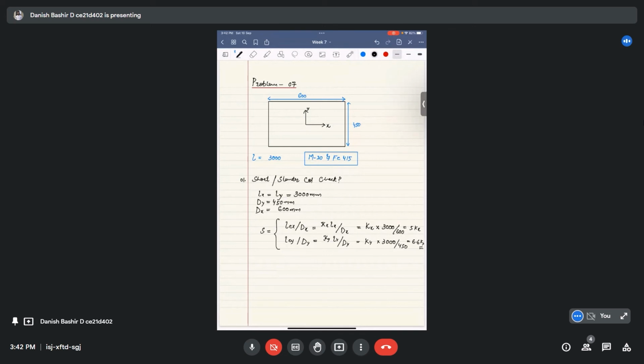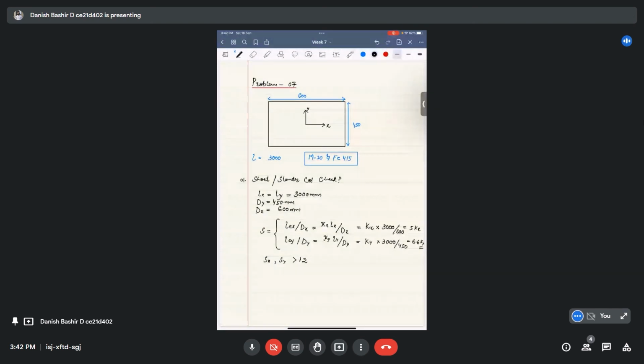The column cannot move sideways, so kx and ky will not exceed 1. The slenderness ratio values can roughly be 5 point something, or maybe up to 7, but these two values will never cross 12.